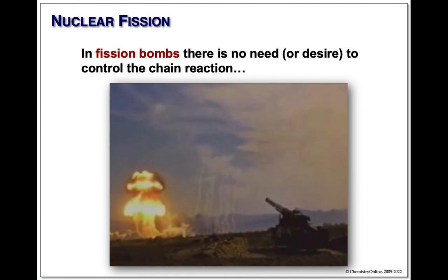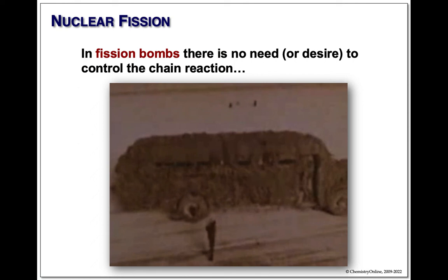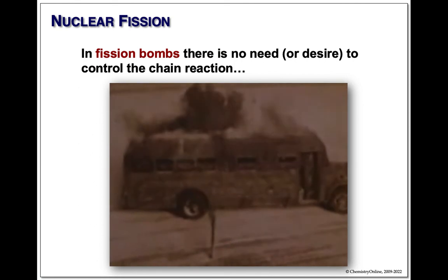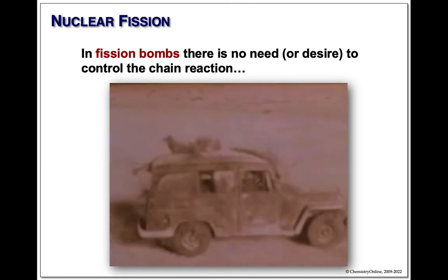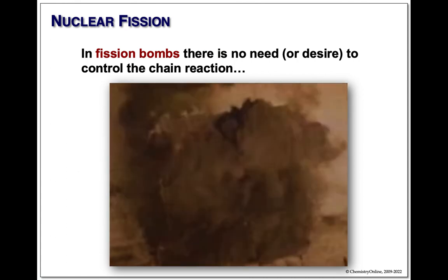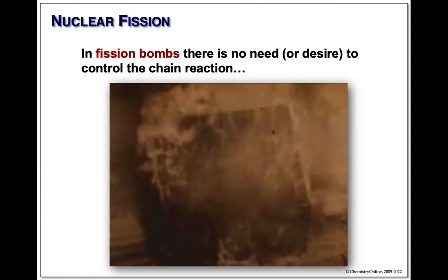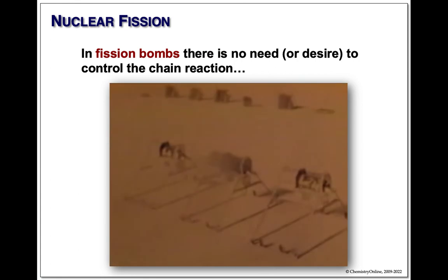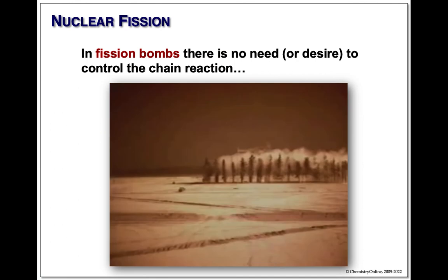Now, when something like this happens, first thing it hits is a shock wave. And they put these things in the desert there to record. The second thing that happens is the blast wave. Here it comes.